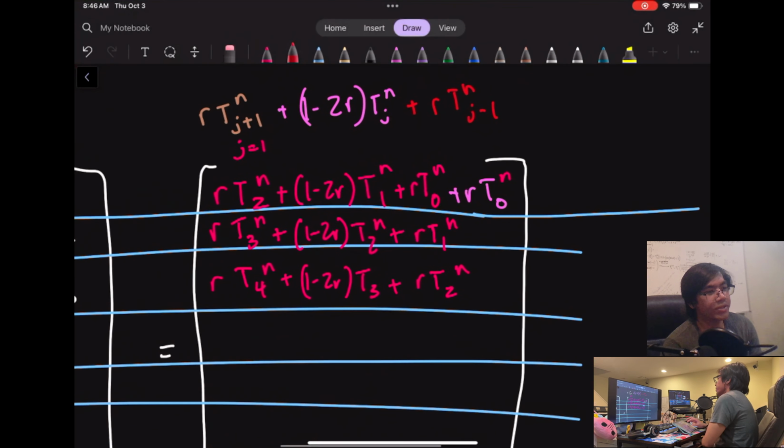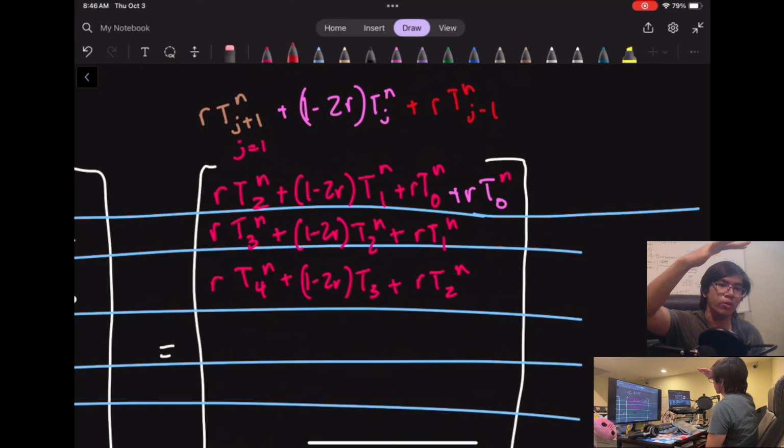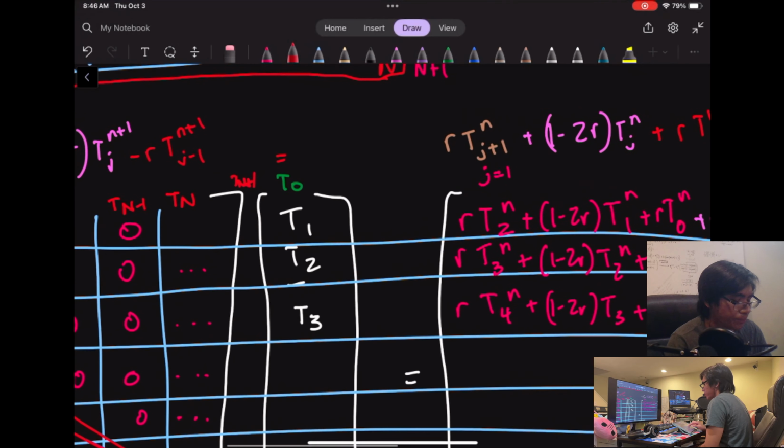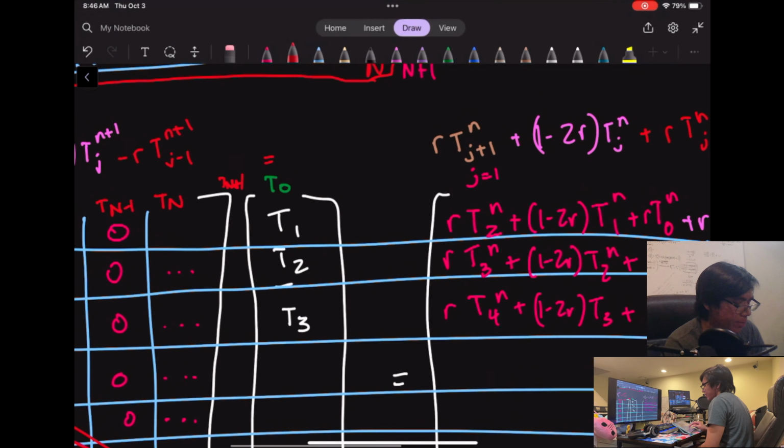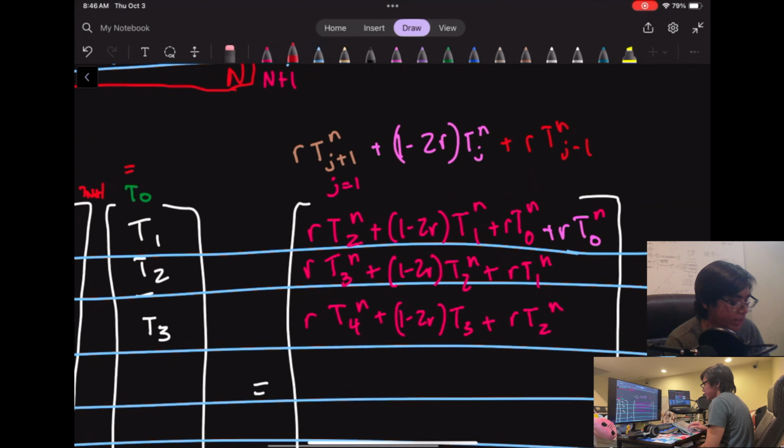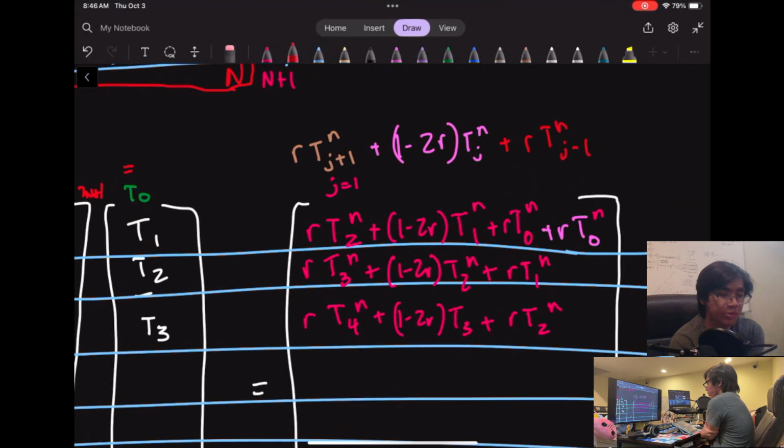The way we're going to do that is by using the T initial term I mentioned before. So T initial was our entire uniform bar at our current time period, and this is just keeping track of how we're going to iterate it. So again, at T1, I guess it'd technically be T0, where it was 40 on one side, 80 on the other, and then 20 in the middle.